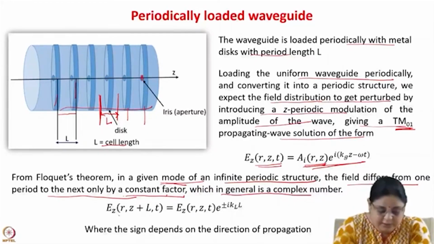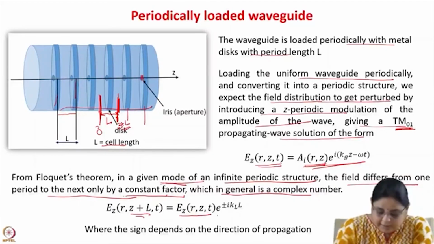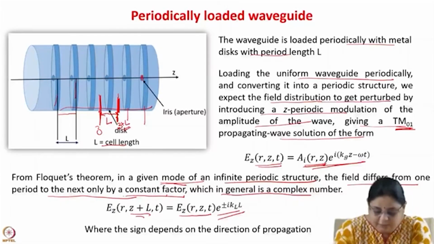Okay, so the value of the electric field in the Z direction, Ez, at Z plus L is the same as at Z, except for an additional constant factor, which is complex.